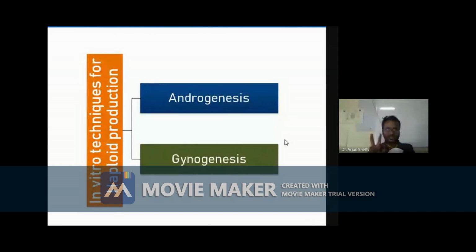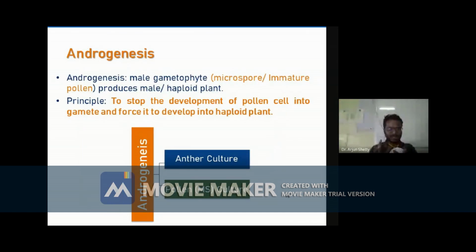These are the only two methods which can be employed through in vitro technology for the production of haploids. Nothing but selection of a male gametophyte, that is, the androecium containing the male gametophyte. When you dissect the anther, you are going to see the microspores.